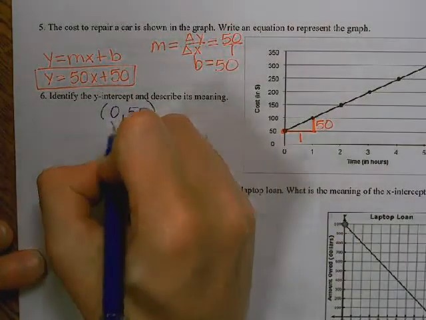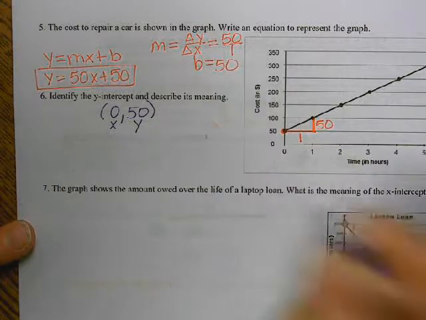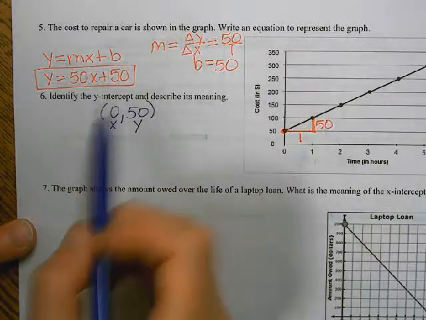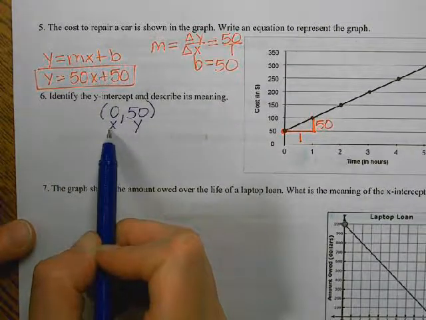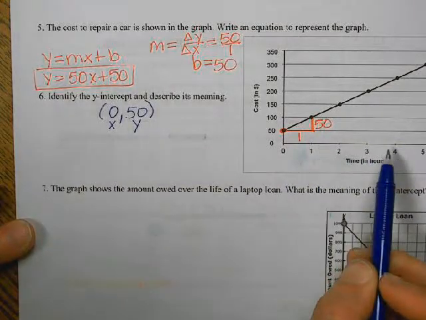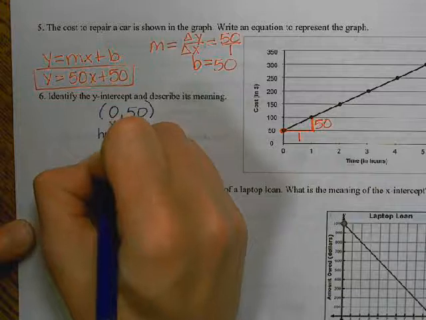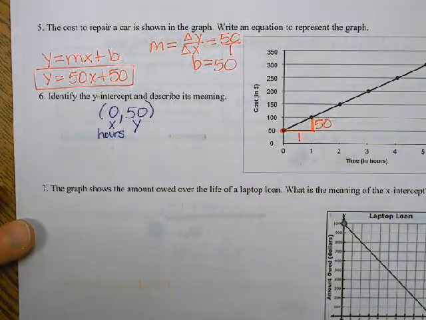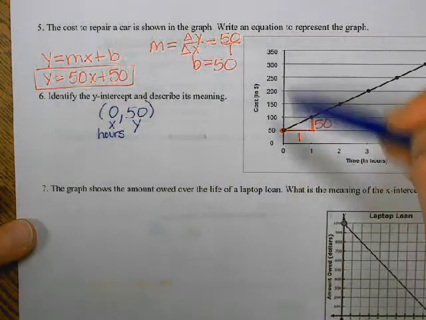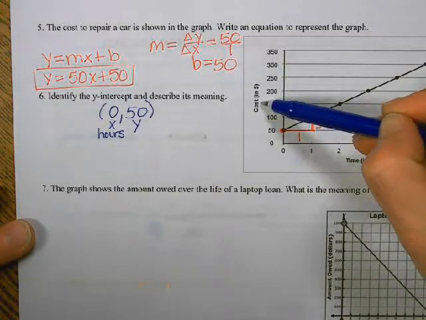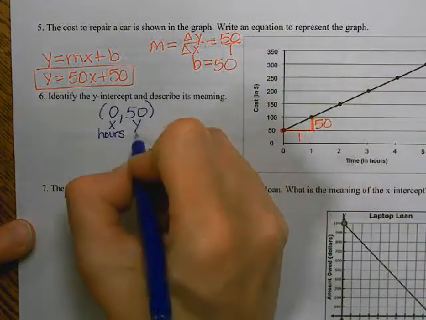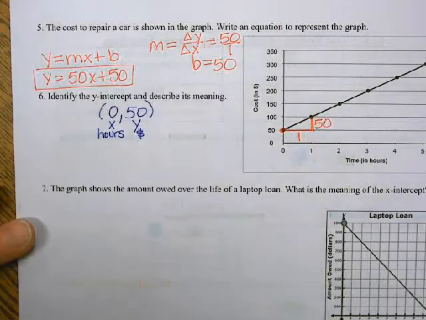To interpret this, we know 0 is in the x spot and 50 is in the y spot. So we have to say, what does x mean in this situation? We look at the x-axis, and x means time in hours. What does y mean? We look at the y-axis, and we see that it says cost in dollars. So y means dollars.